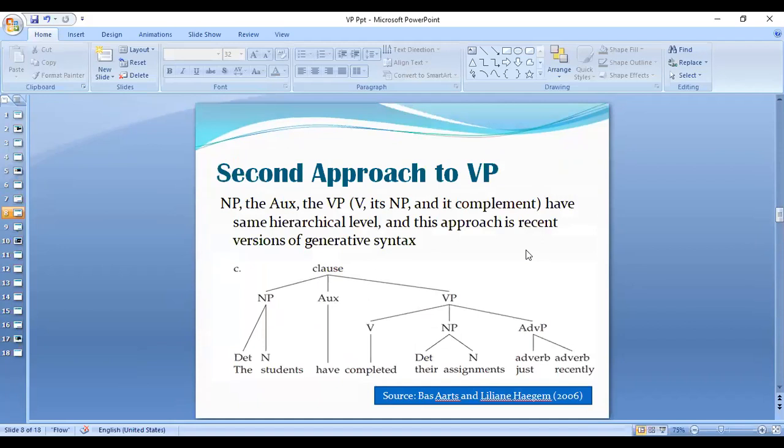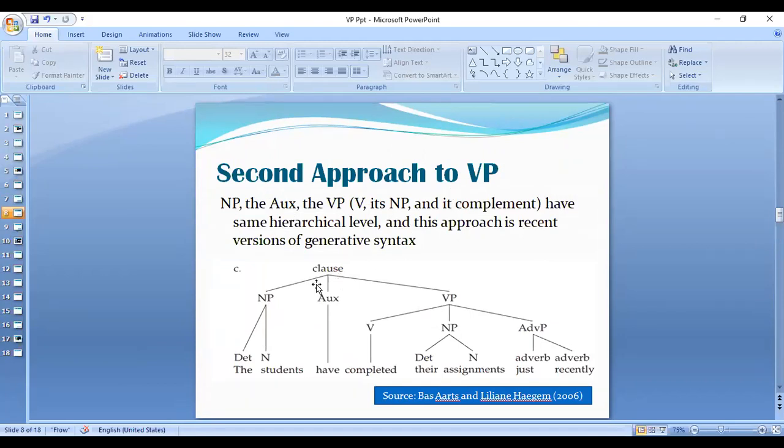Now, I talk about the second approach to verb phrase. According to this approach, the noun phrase, the auxiliary, and the verb phrase have the same hierarchical level, and this approach is a recent version of generative syntax.